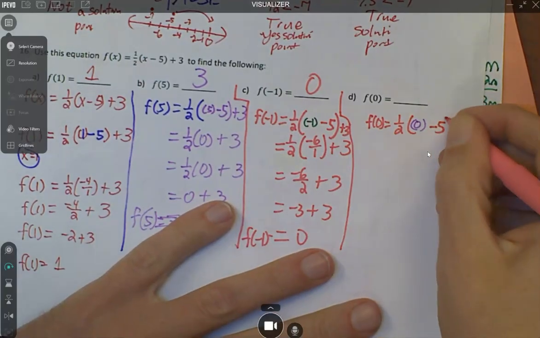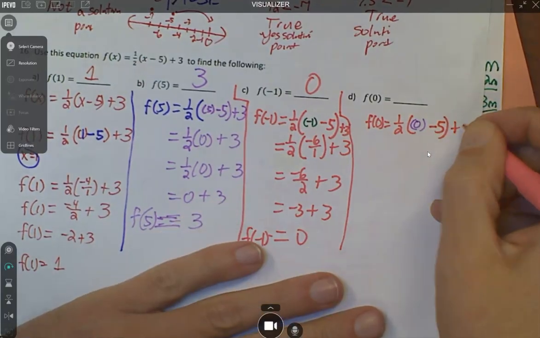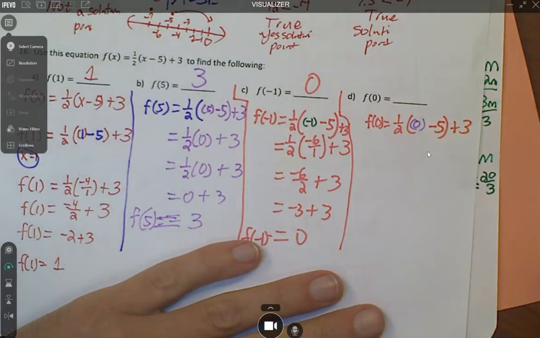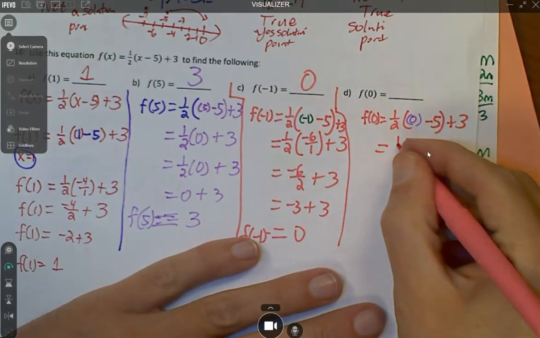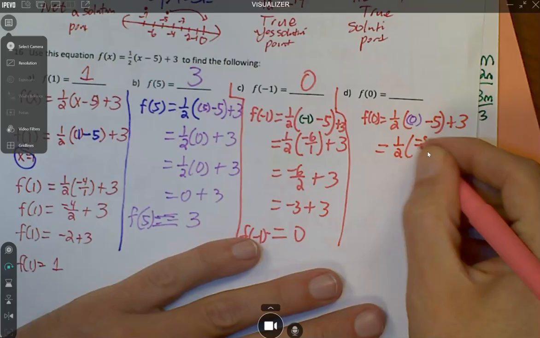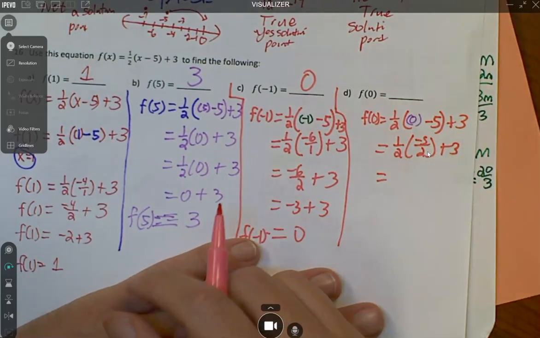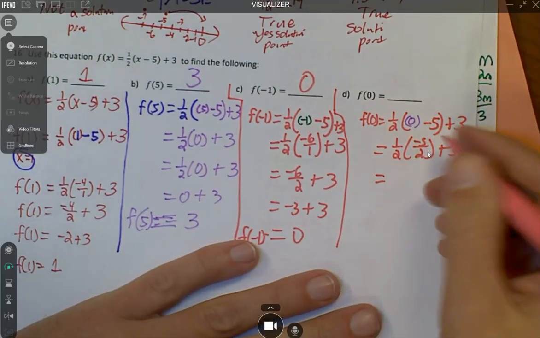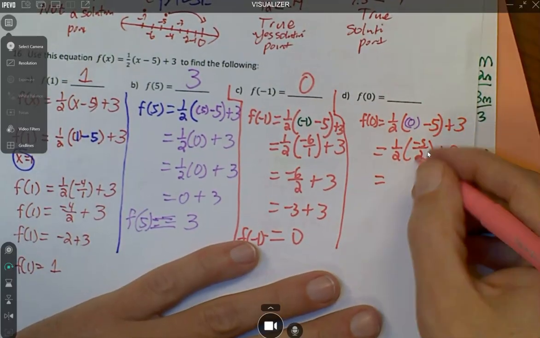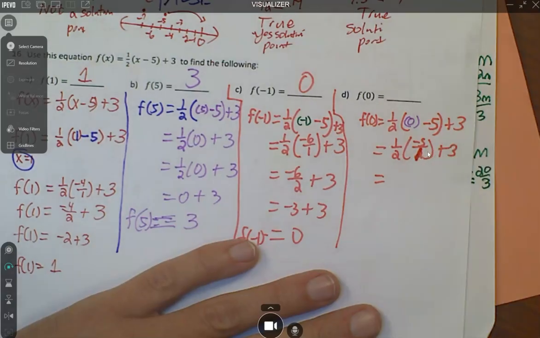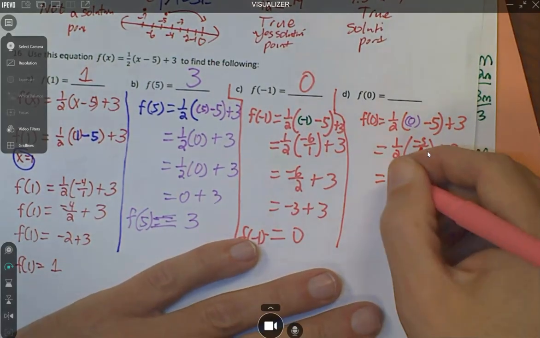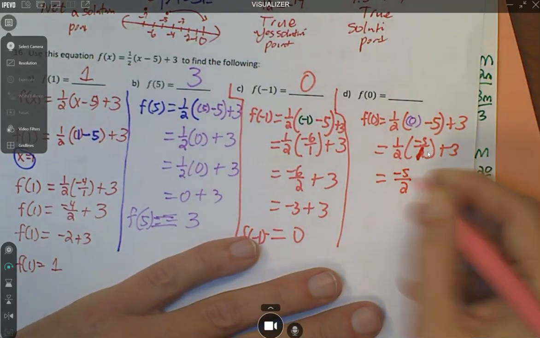Oh no, we're going to have to deal with decimals. It's not that bad. Seriously. 0 minus 5 is negative 5. Negative 5 divided by 2 plus 3.